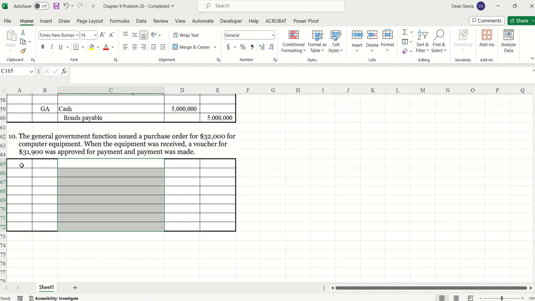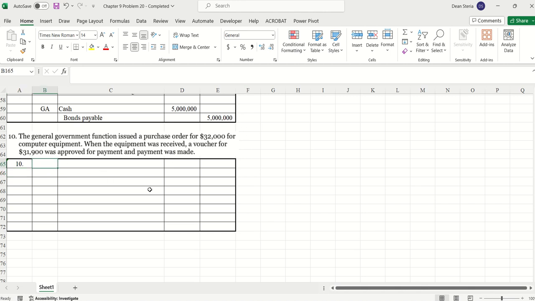So number 10. I believe this is the last one for this. The general government function issued a purchase order for $32,000 for computer equipment. When the equipment was received, a voucher for $31,900 was approved for payment, and the payment was made. Okay, so when we originally issued the purchase order, we would have set aside $32,000.